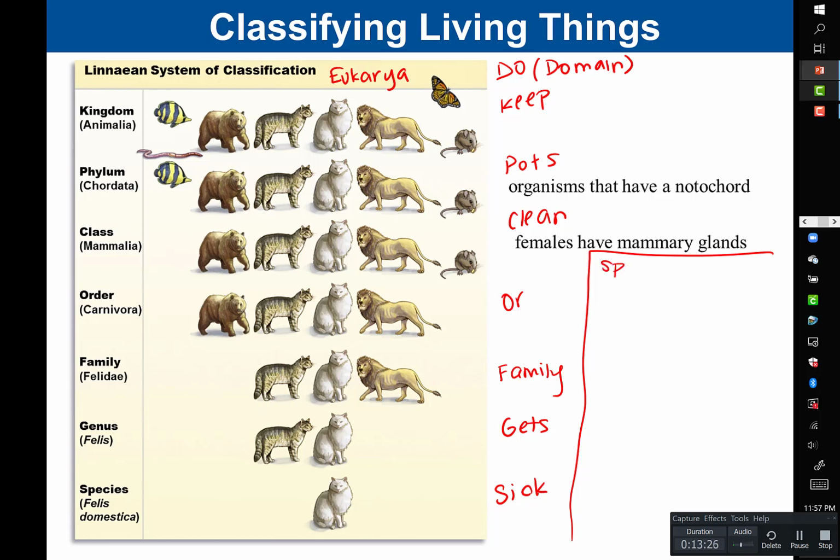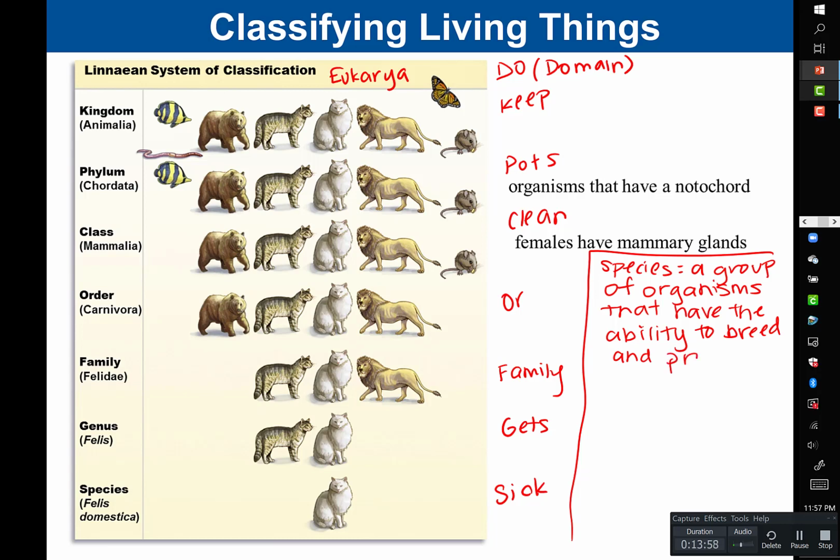A species is a group of organisms that have the ability to breed and produce fertile offspring.